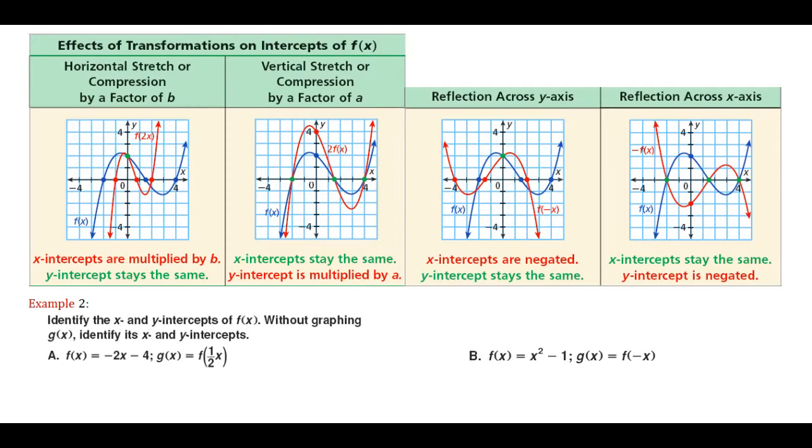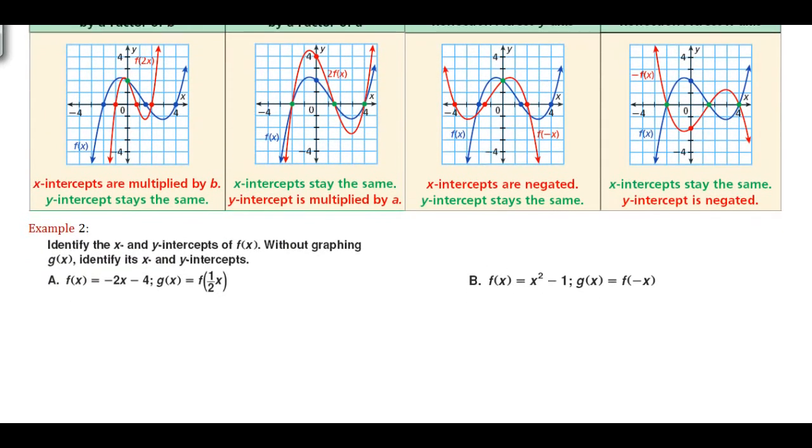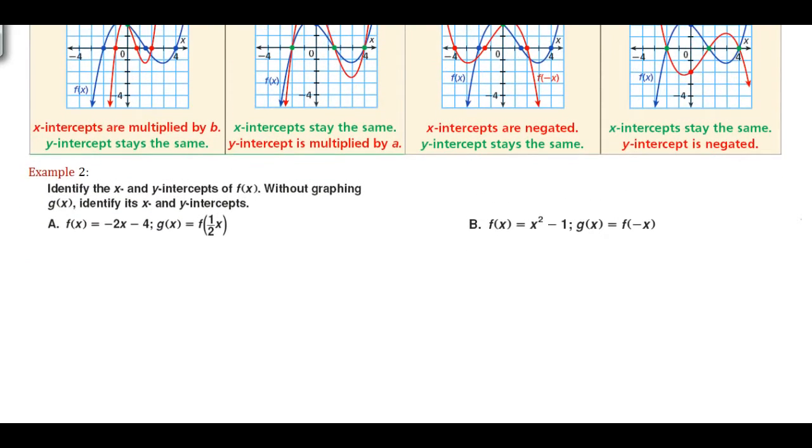Well, here we go. Let's find the x and y intercepts for these. If you remember way back in, I don't know, probably Algebra 1 or something, every now and then we have to find the x-intercepts of a graph. The easiest way to find the x-intercepts is just to make y equal 0. So remember, f of x is just y. So 0 equals negative 2x minus 4.